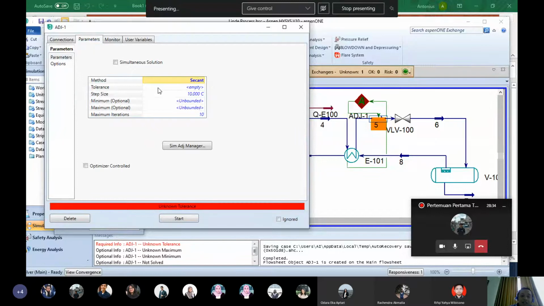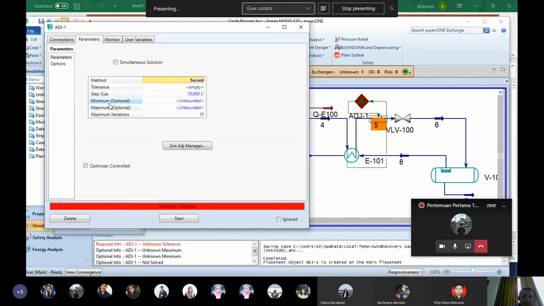If the difference between the calculated value and the targeted value is less than the tolerance, the iteration will be stopped. And then the step size, which is the step that I will use. For example, for the next iteration, I will add 10 degrees C to the current temperature, or reduce it by 10 degrees C, etc.